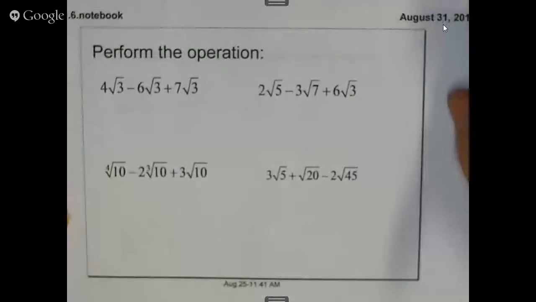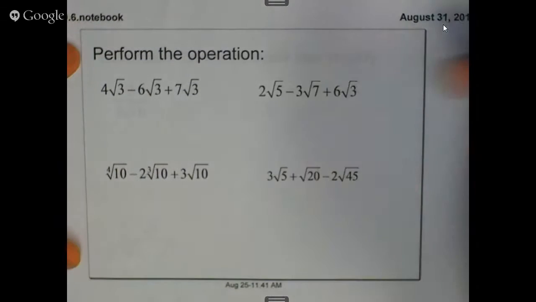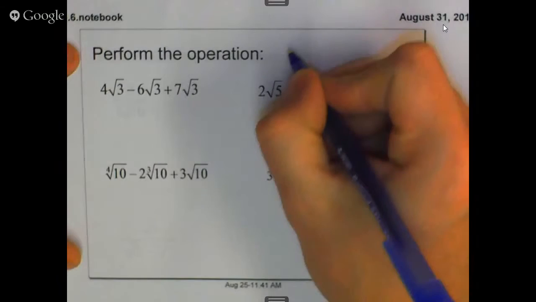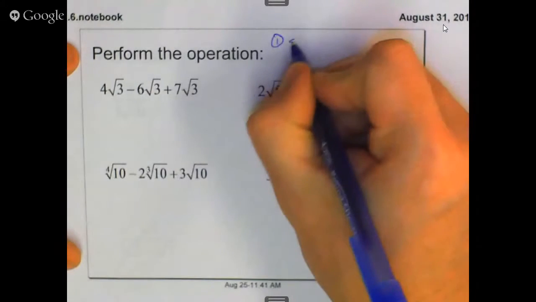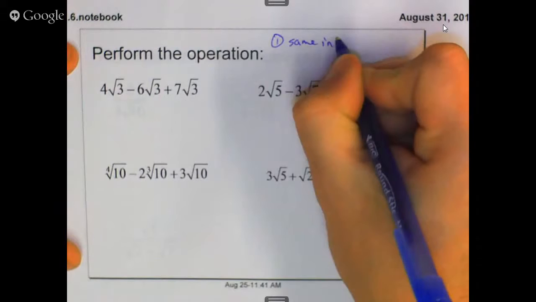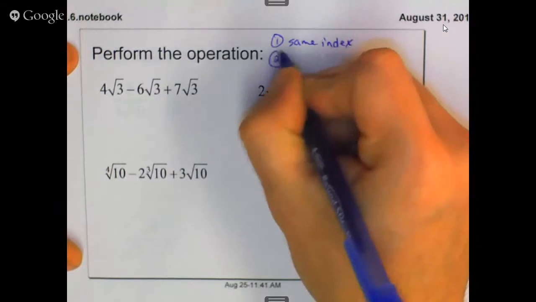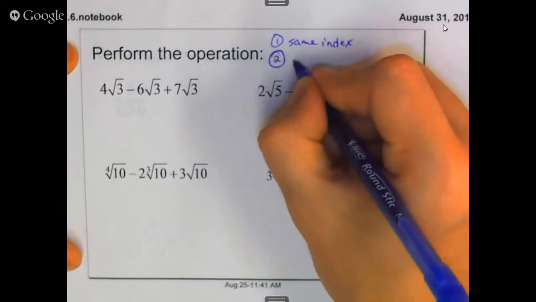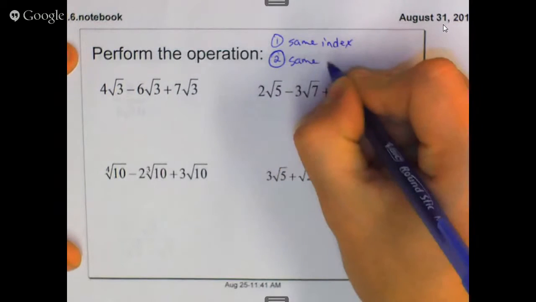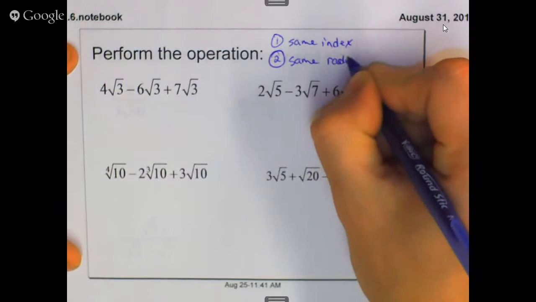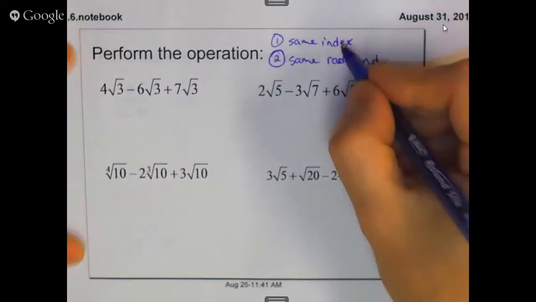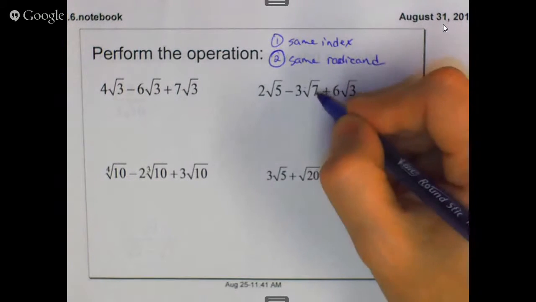Okay, perform the operation. We can only add and subtract if 2 things happen. Number 1, same index. And number 2, it has to have the same radicand. So the same number on the shelf and the same number underneath.